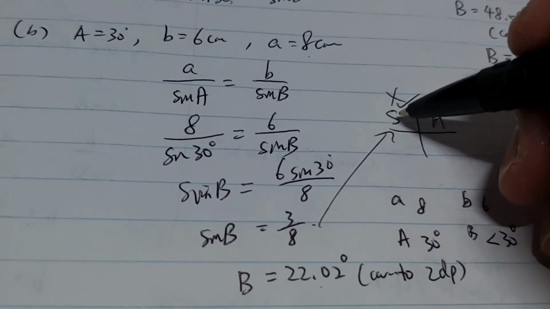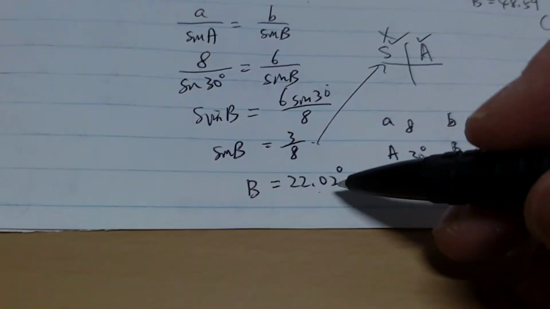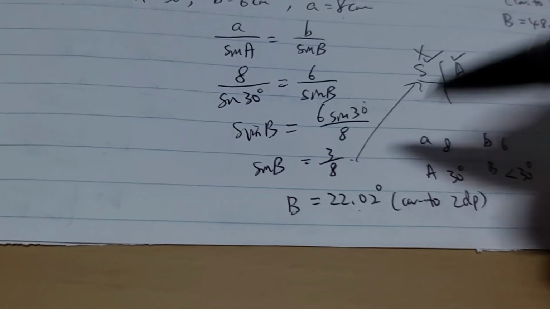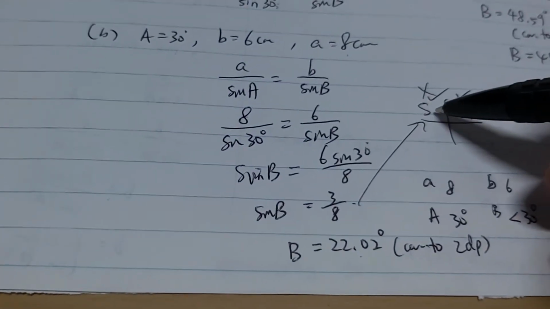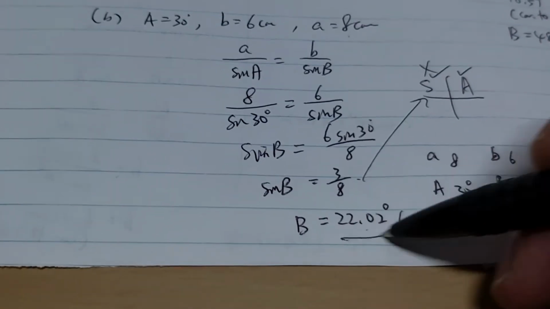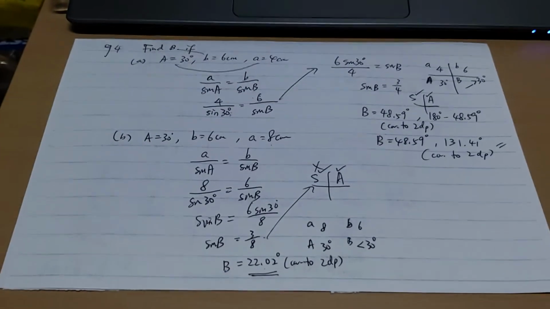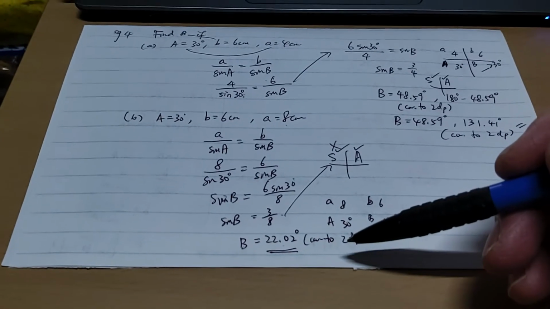We only accept this angle because it is smaller than 30 degrees. So although there are two solutions, in this case we reject this result. So the answer is only this one. Comparing with part A, it is different: two answers, one answer.